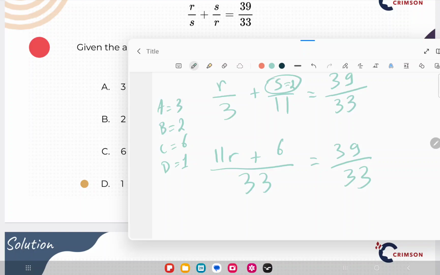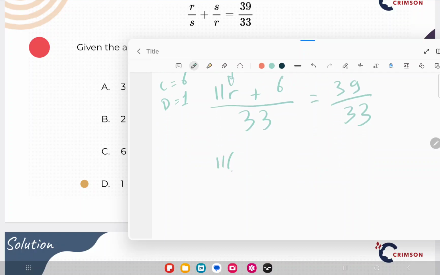So it's 11r plus 6 over 33, so how do I proceed? 11r, let us substitute r for 3. So if I put 11 into 3 plus 6 over 33 is equal to 39 over 33.